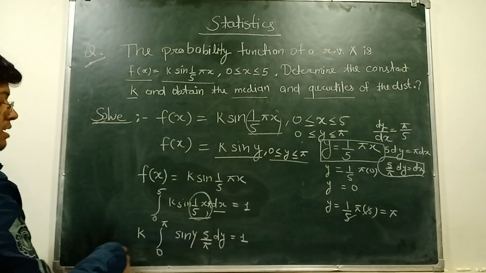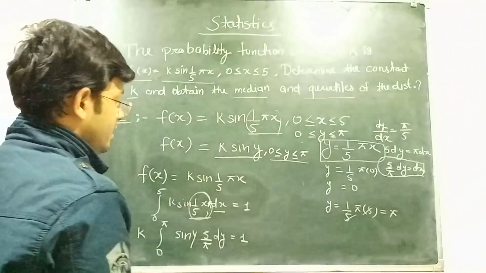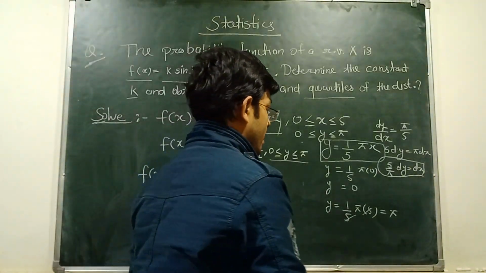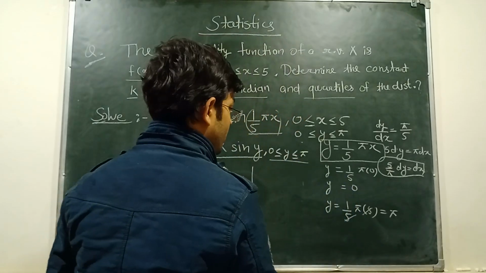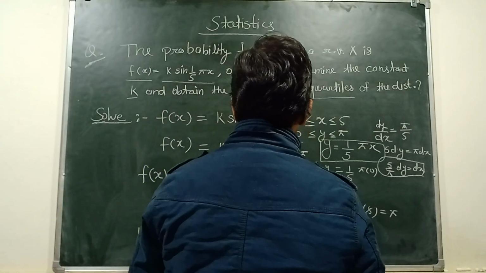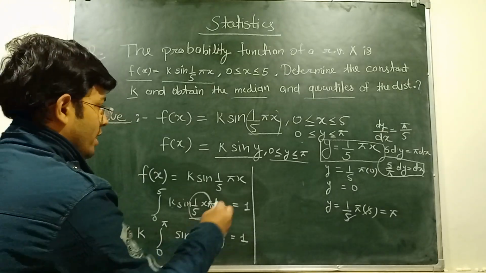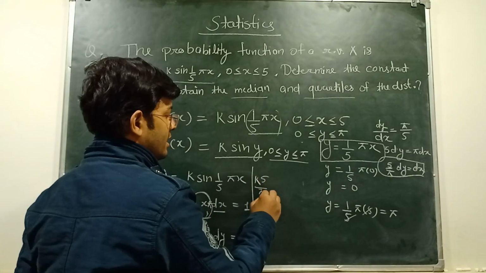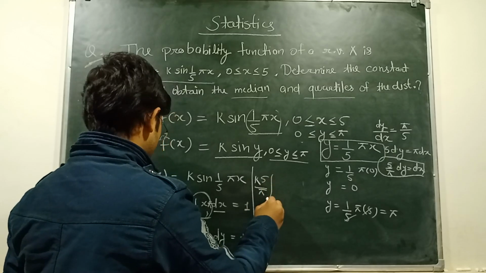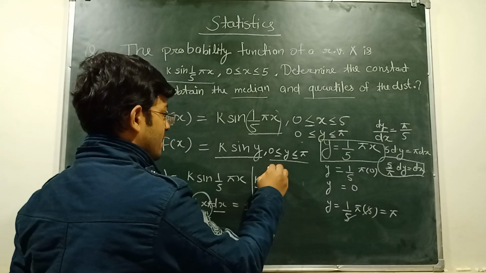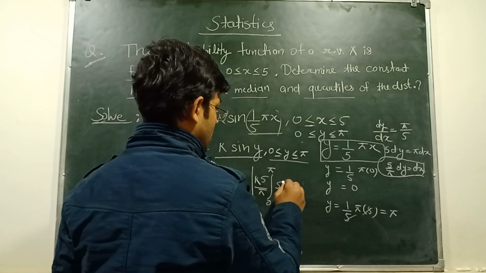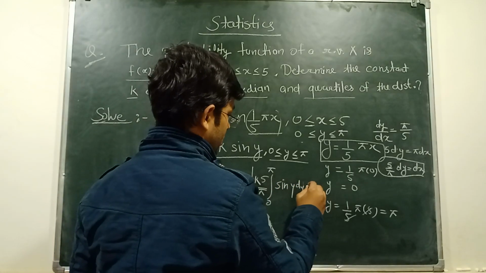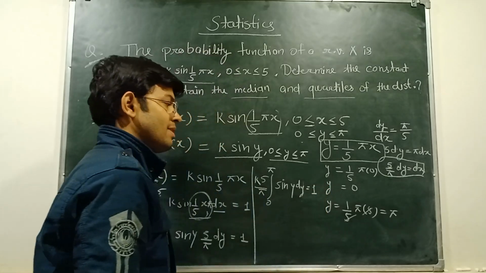Now 5/π is also a constant, so we can put it outside the integral. So k times 5/π is the constant, 0 to π are our limits, and sin y dy is equal to 1.